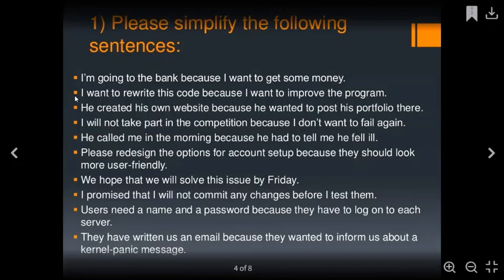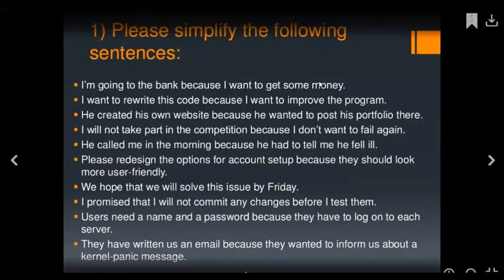Number 2, I want to rewrite this code because I want to improve the program. I want to rewrite this code to improve the program. Number 3, he created his own website because he wanted to post his portfolio there. He created his own website to post his portfolio there. Y así nosotros estamos haciendo una reducción de estas oraciones.